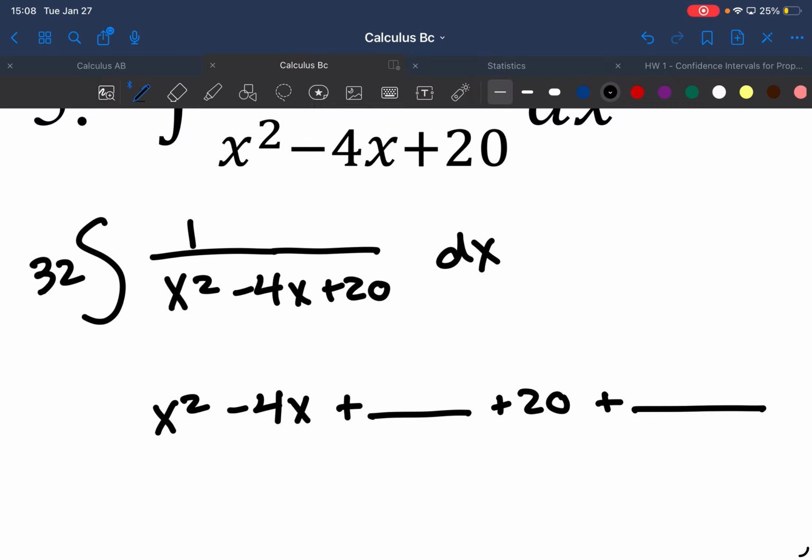What is going to go in this first blank? 4. Good, so negative 4 divided by 2 is negative 2. Negative 2 squared is 4. So plus 4 minus 4. Okay, so that leaves me with what? x minus 2 squared plus 16. Good.